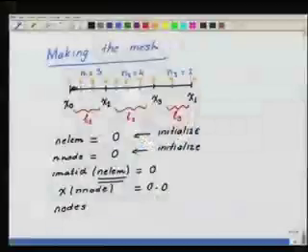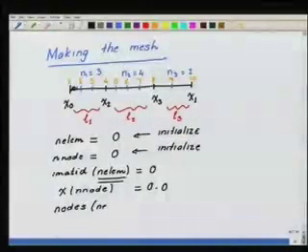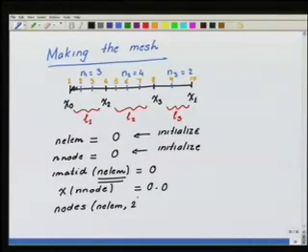Also, we will have another piece of information which we need. We will create this array, nodes. This is also initialized to 0.